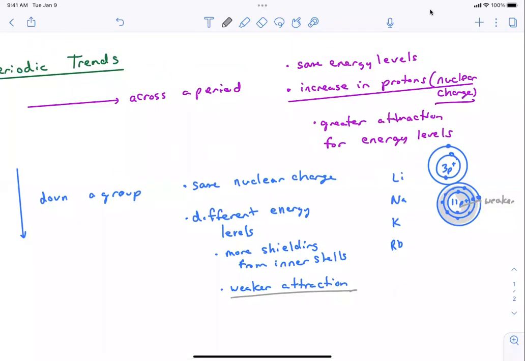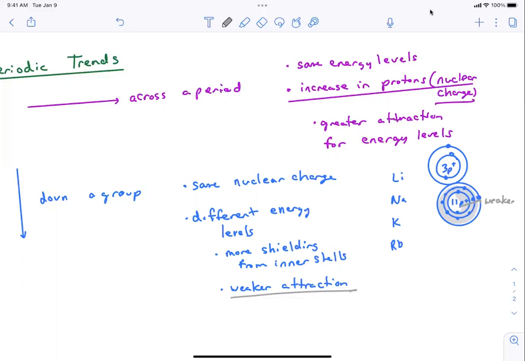Questions about that? Clarifications? Yes, Sammy. Yes. Right. For the added protons, you mean? Yeah. So we call that effective nuclear charge.